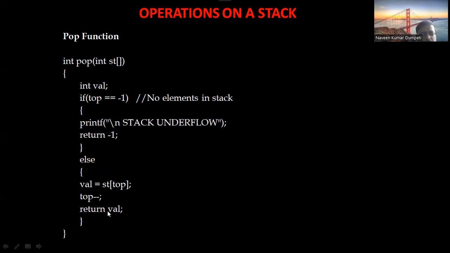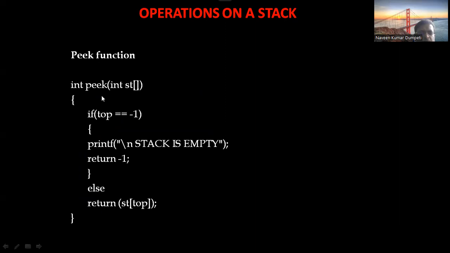And next we return the previous topmost value. So it means that we have removed the topmost value, and now the top is pointing to the second topmost value as we have decremented its index.